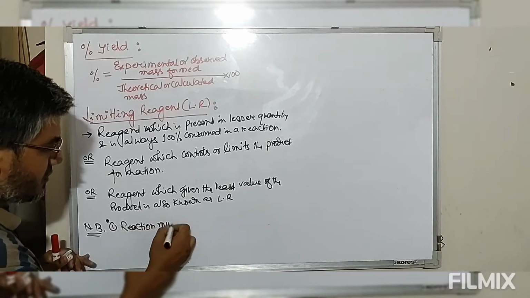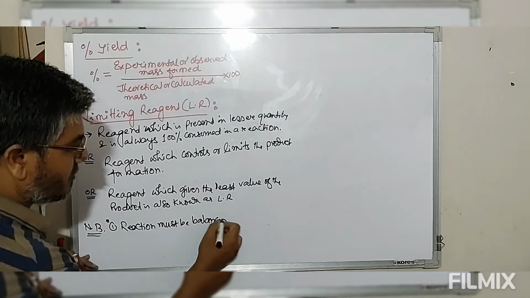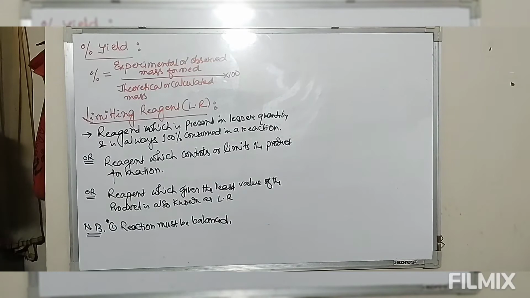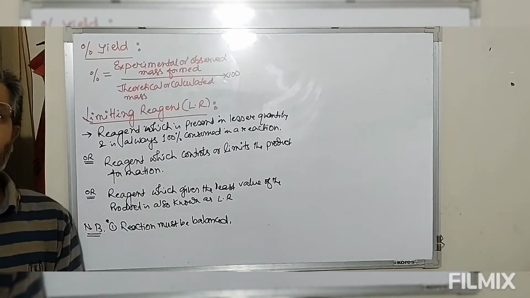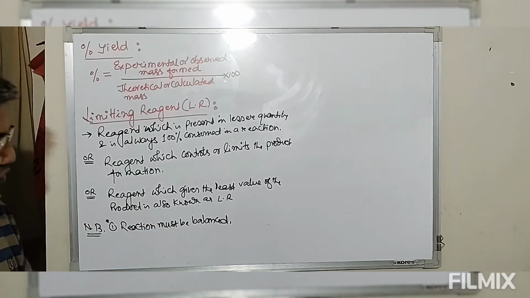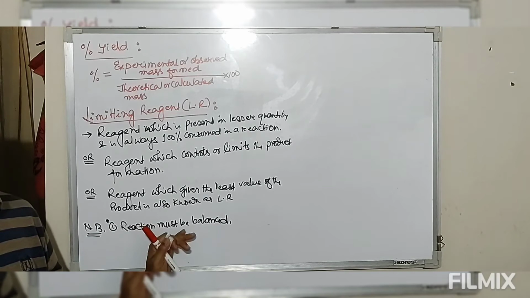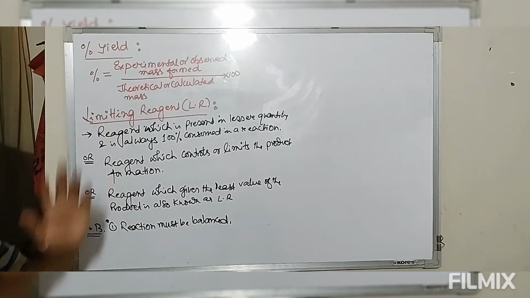The reaction must be balanced. So before starting with the concept of limiting reagent, or defining the limiting reagent in any given chemical reaction, the first thing is we have to balance the reaction. So once we have this balanced reaction, we take it as a reference for measuring the limiting reagent.